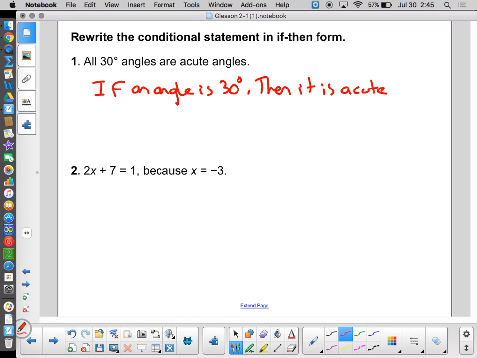The because, again, is a little bit shaky. So we could almost write this one either way. But generally I take the because as a then, so I'm going to say if 2x plus 7 equals 1, then x equals -3. I usually do it like that. The big thing is we're getting the if there and the then.